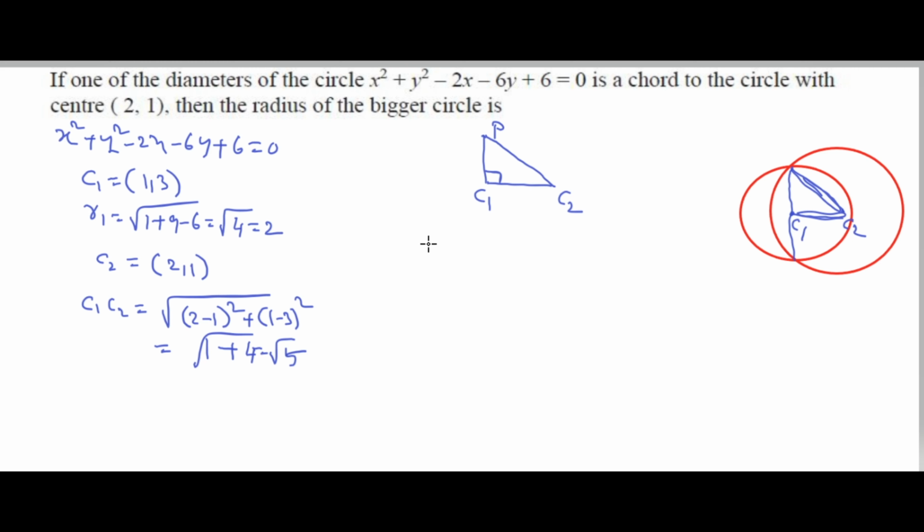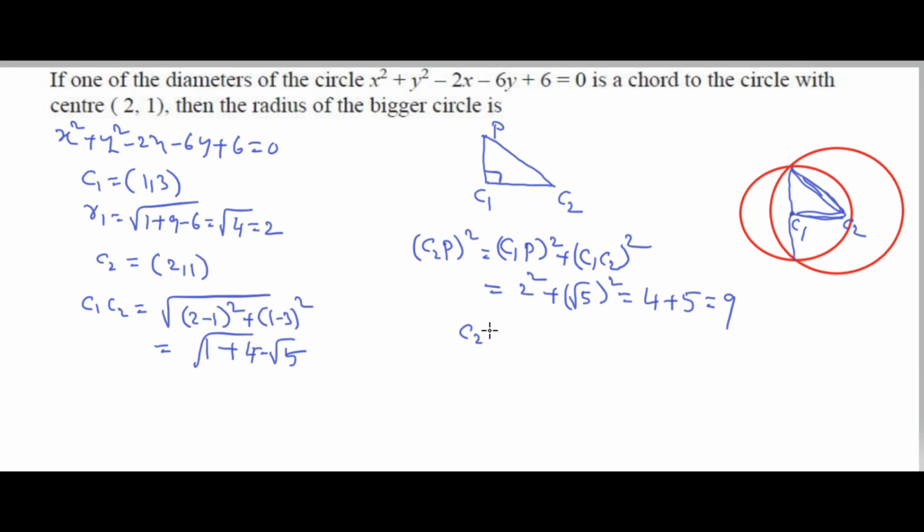Applying Pythagoras theorem, C2P² is equal to C1P² plus C1C2². C1P is the radius of the first circle, that is 2², plus C1C2, the distance between the centers, that is (root 5)², which is equal to 4 + 5, that is 9.